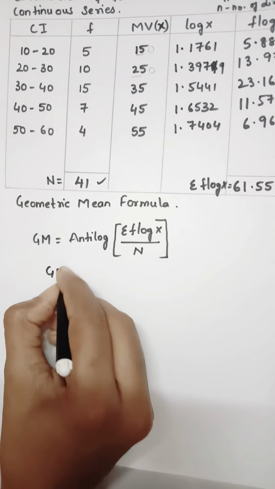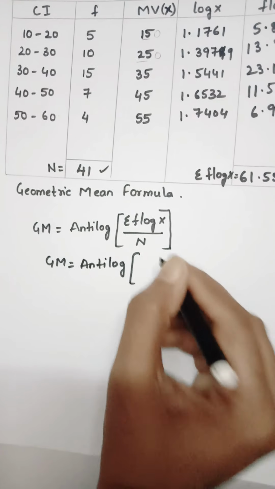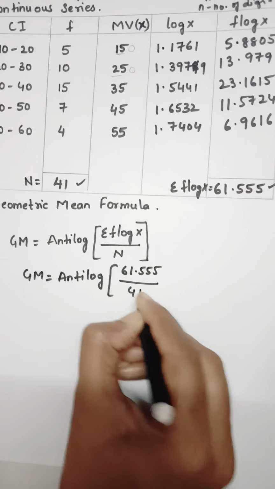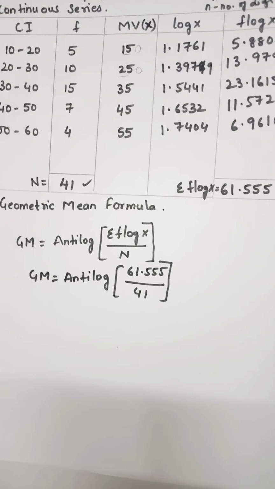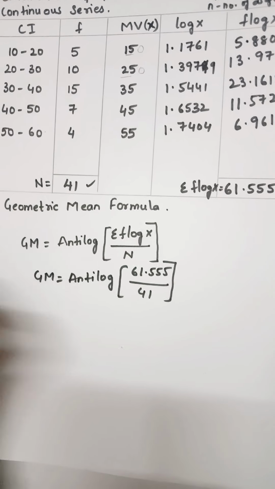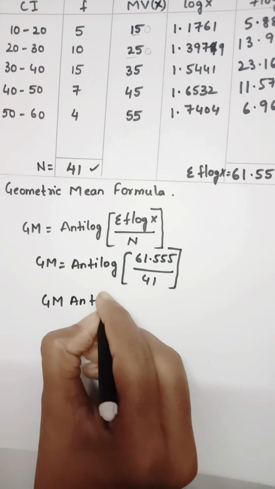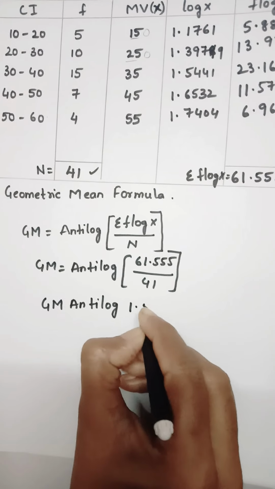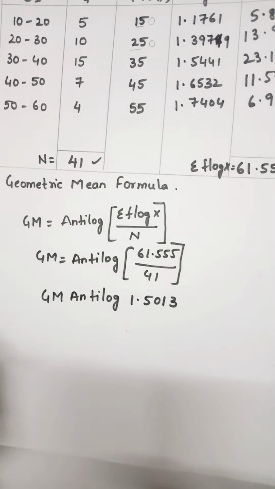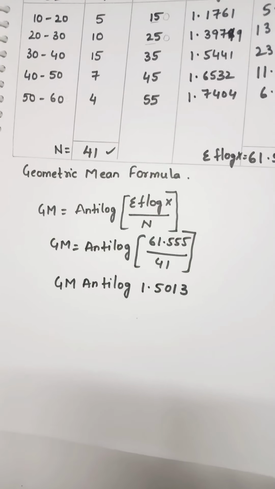So GM is equal to antilog of 61.555 divided by 41, which gives antilog 1.5013. We have to consider 4 digits, and 4 digits are very important here because we need to find the exact value of the antilog.